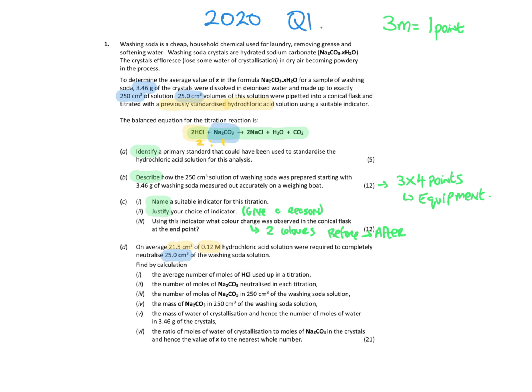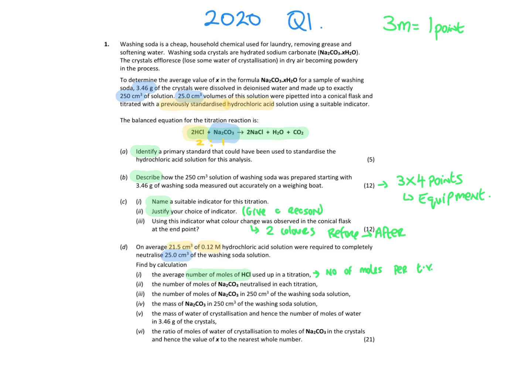So what you're asked to do in this question is to find by calculation some of the following. You're asked to find the average number of moles of hydrochloric acid used in this titration. So what they are asking you there is for the number of moles per your titration volume, and that's what we will learn from first principles.